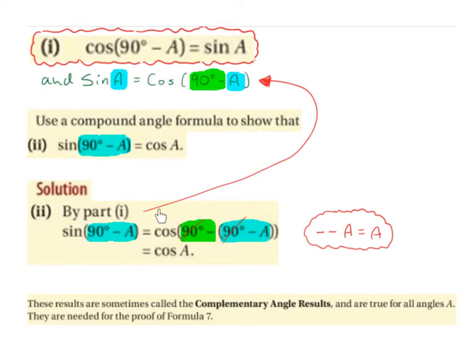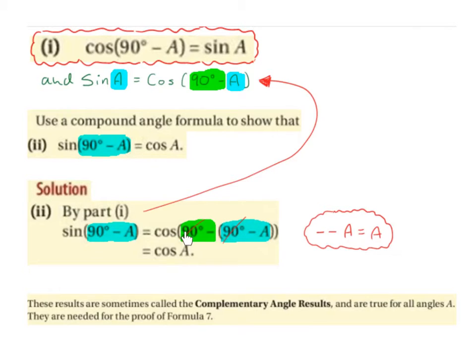So we're going to have cos, bring down the cos, of 90 degrees, bring down the 90 degrees, and the minus, and we're swapping that A for 90 degrees minus A. So we have cos of 90 degrees minus 90 degrees minus A. The minus is in front of the brackets, so it's going to be minus multiplied by 90, which is just minus 90.